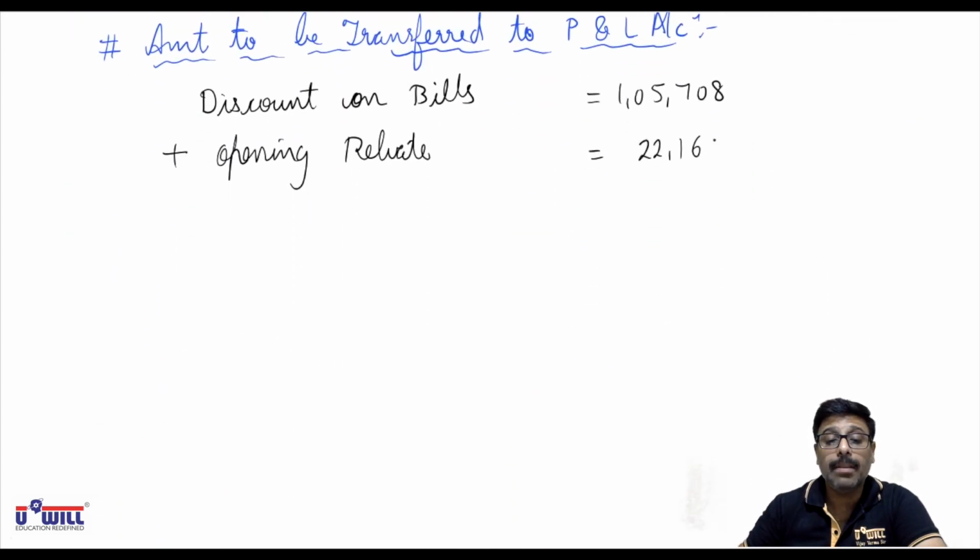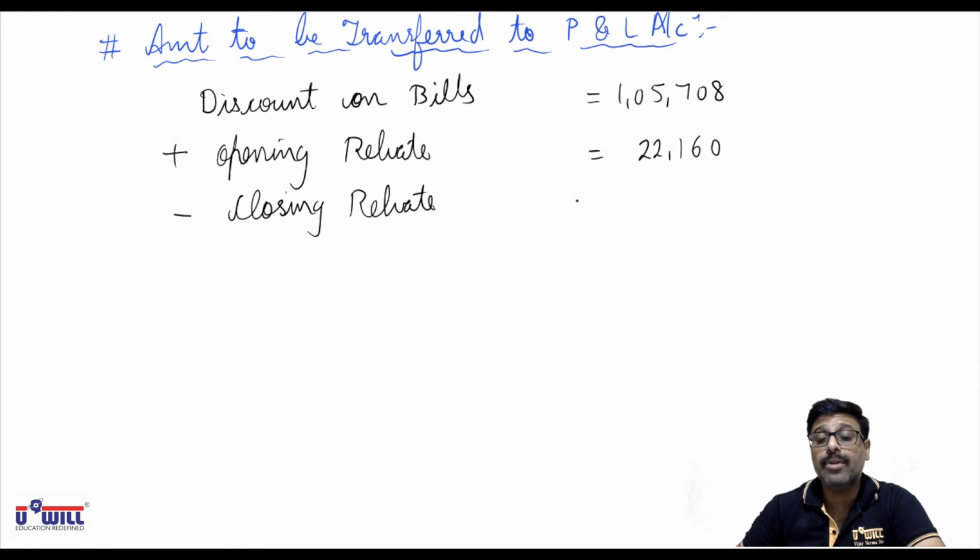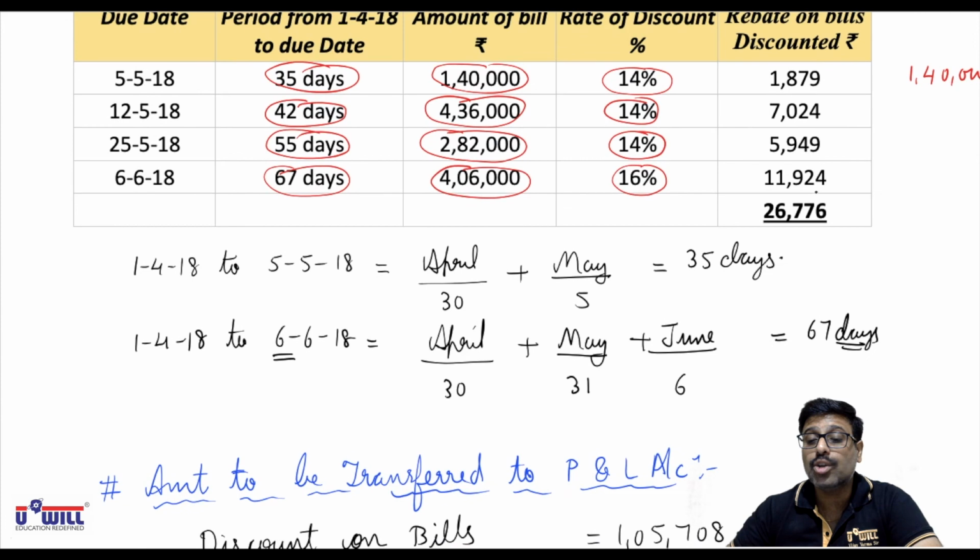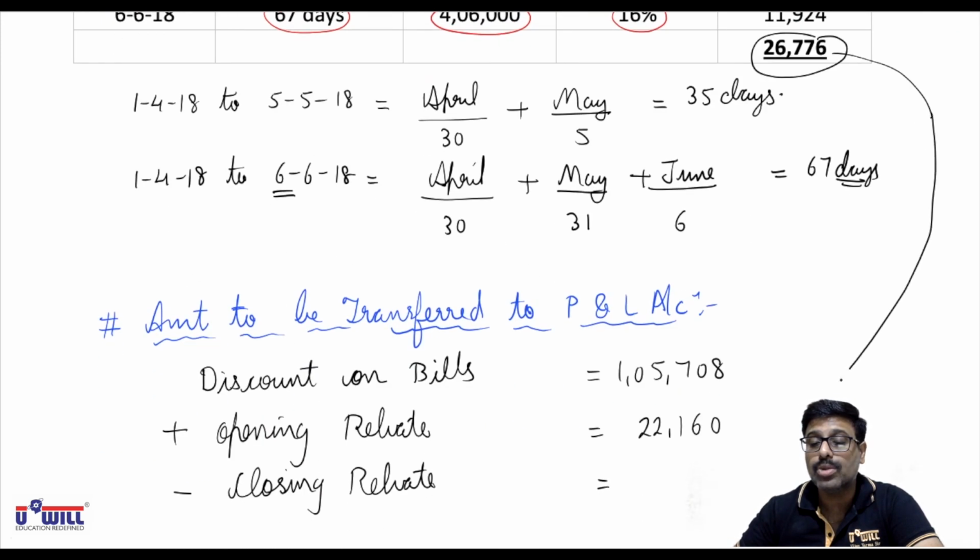Minus we subtract closing rebate on bills discounted, which we have calculated. This 26776 is what we have to minus over here.